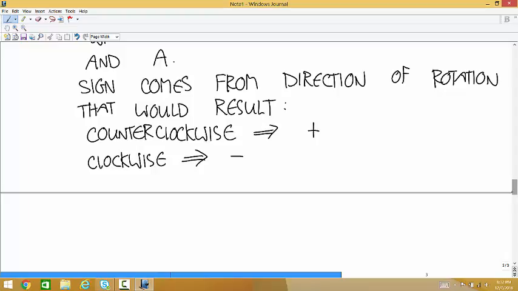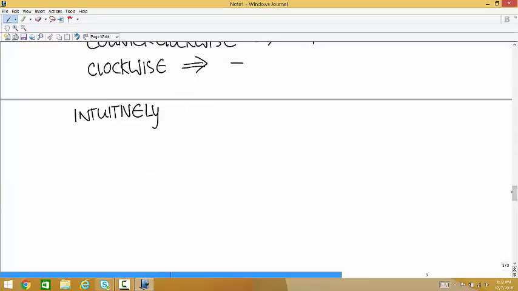The intuitive description of what a moment means: think about a bolt that you're trying to turn with this wrench.